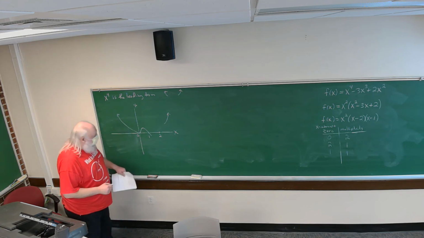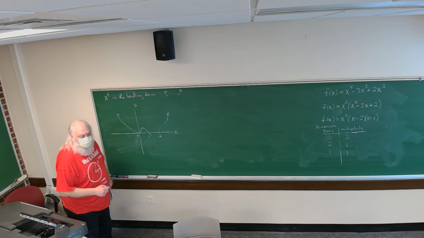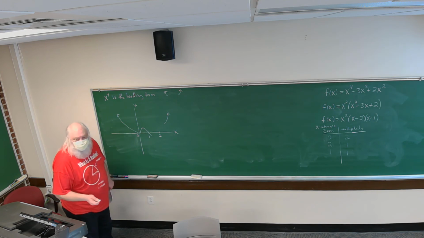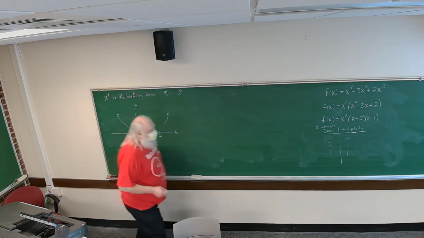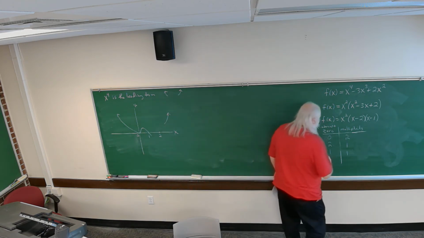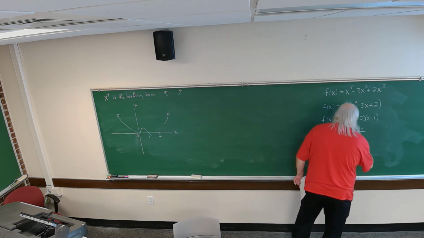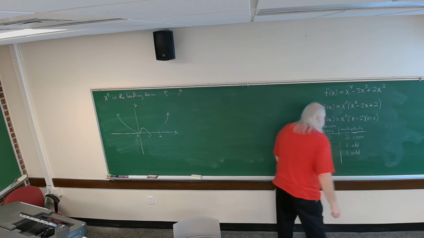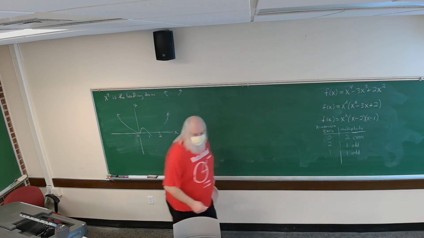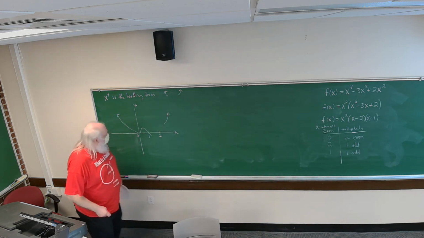What about at x equals 2? It's going to cross because the multiplicity is odd, right? So this is making a point. The multiplicity at x equals 0 is even, and these two are odd. It's not so much the number of the multiplicity, it's whether it's even or odd.